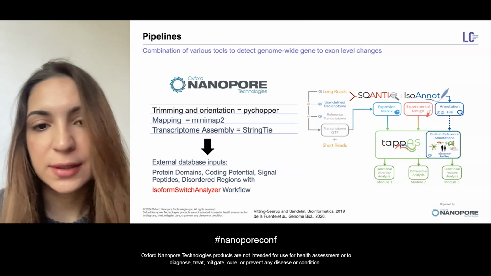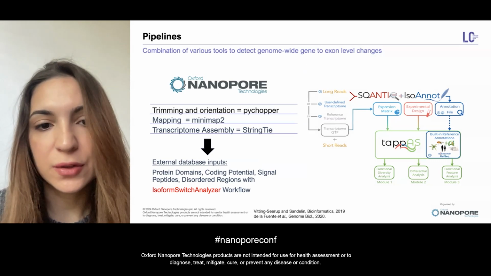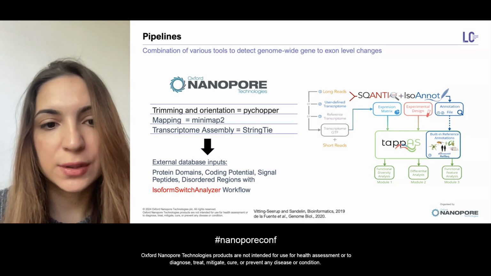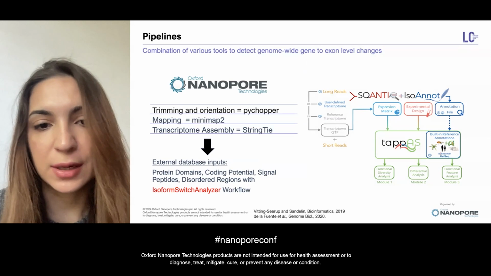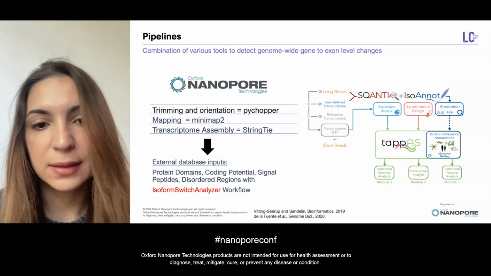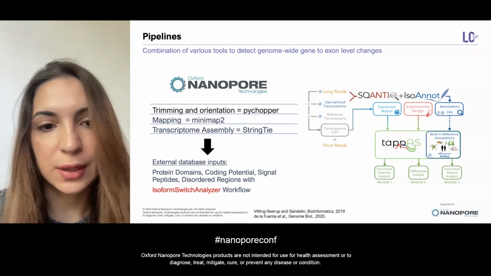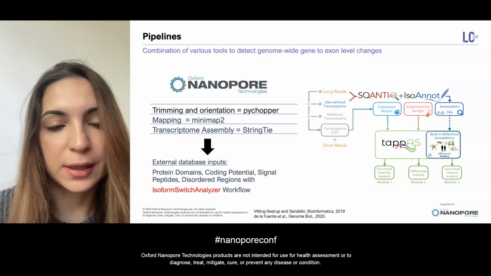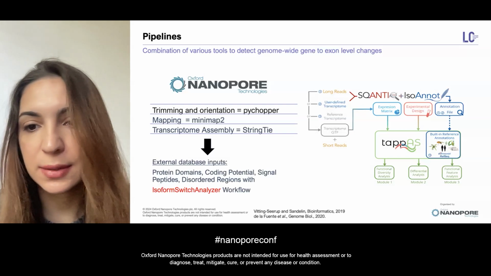To further annotate the dataset and isoforms, I have used external databases as inputs for the IsoformSwitchAnalyzeR, and these external databases include coding potential and protein predictions.